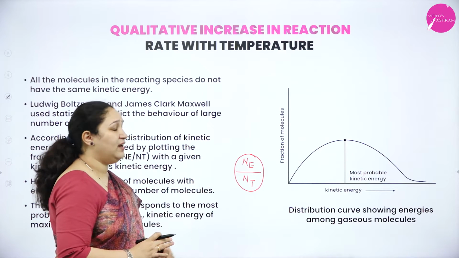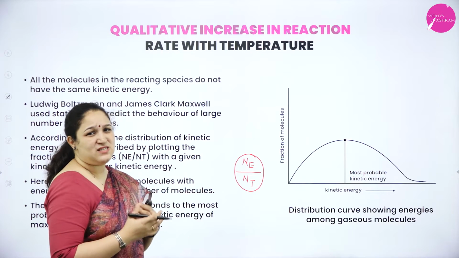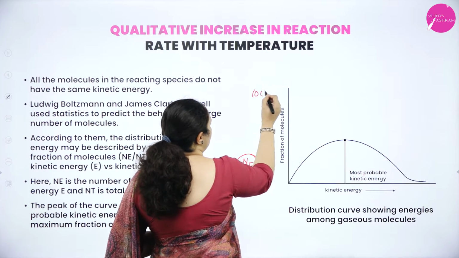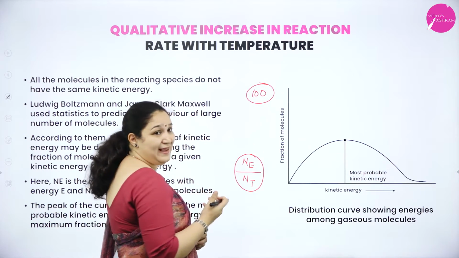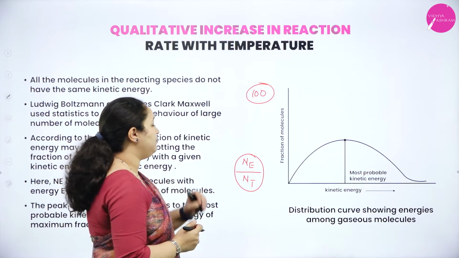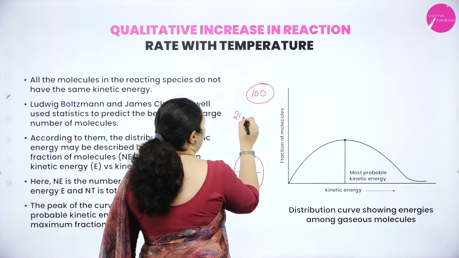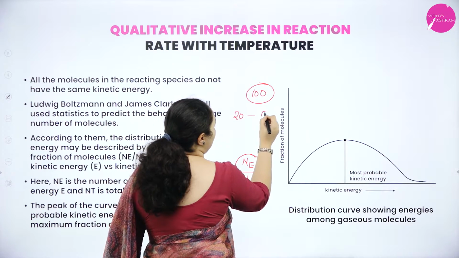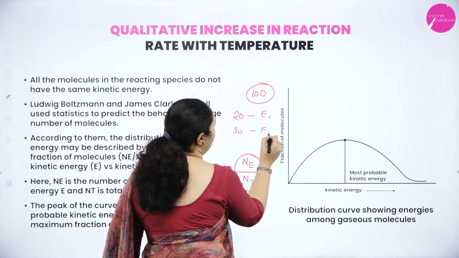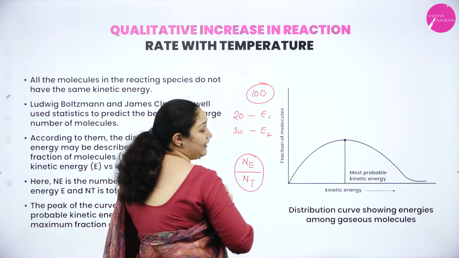Now how did they take this value? I'll just take an example. For example, the total number of gaseous reactant molecules is 100. In those 100 molecules, 20 molecules have a certain energy E1. Another 30 molecules have another energy E2, that is kinetic energy.